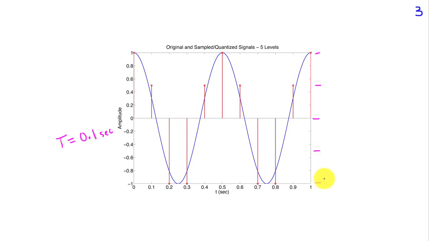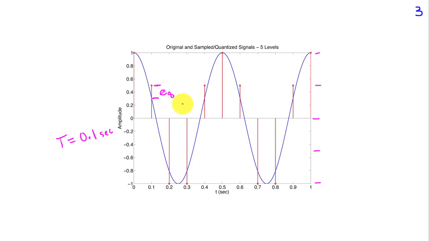as well as it could be minus 0.5 and minus 1. You see that if I take this simple cosine and I evaluate at some point in time, the true amplitude is, say, here, and when I quantize it, I'm going to replace that with this amplitude. So I have an error, which is the distance between these two, and that's the quantization EQ.